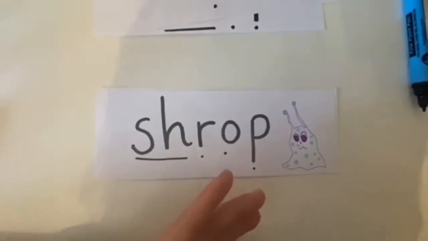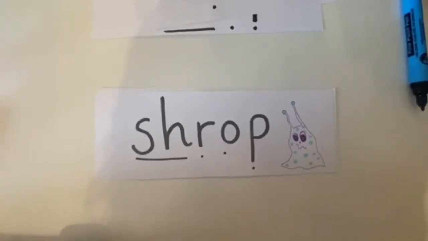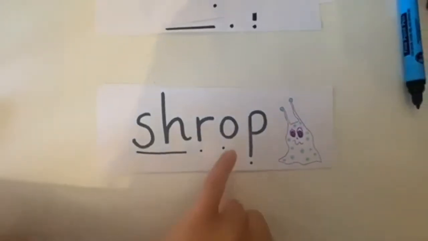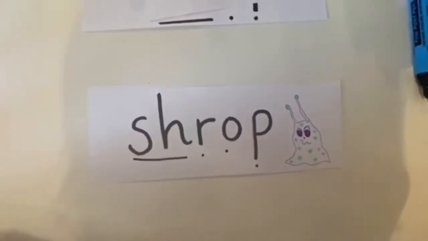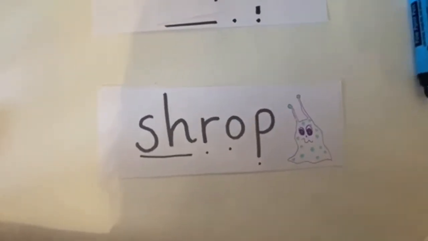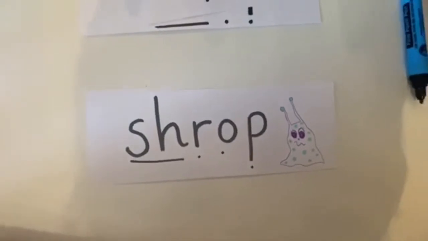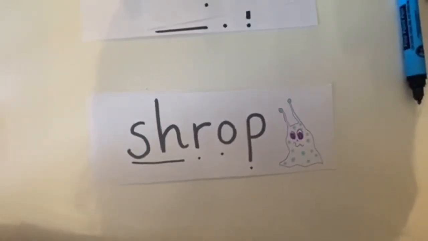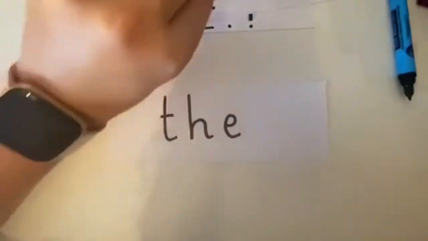I think a lot of children here may guess that this is going to say shop because they can see a lot of familiar sounds similar to the word shop. So we really have to say to the children that they need to really look at these sounds and not let the aliens trick them. Children are really, really good at this. Yeah, that is the alien words.